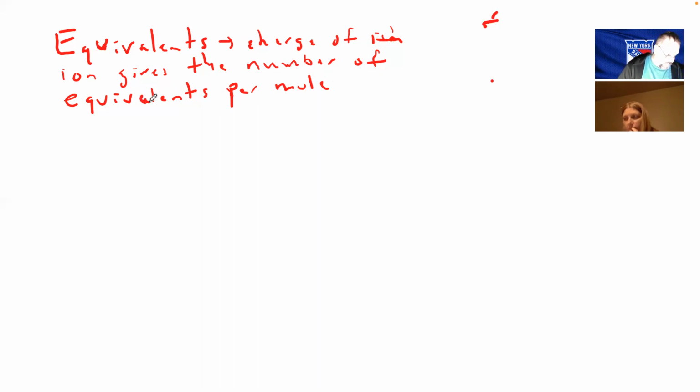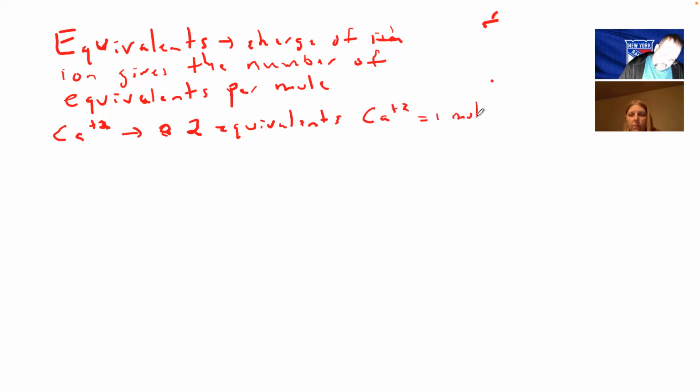So for example, if you have something like a calcium +2 ion, the fact that calcium has a +2 charge tells us that there are 2 equivalents of calcium +2 per 1 mole. So it's almost like an equality, so to speak.